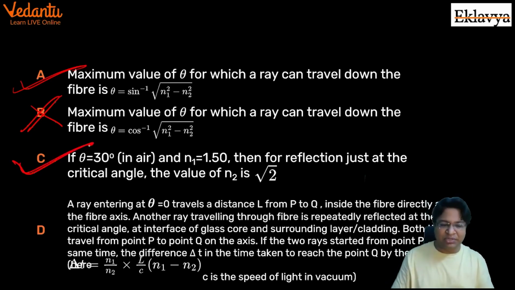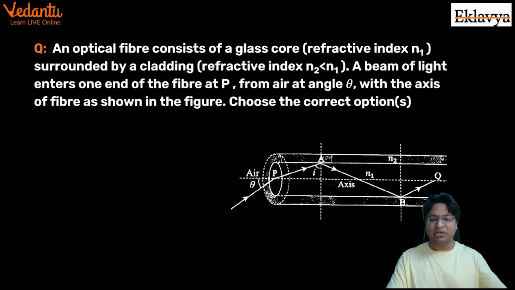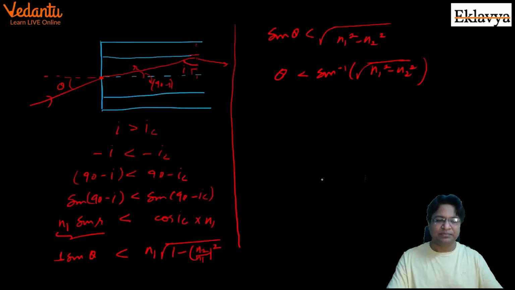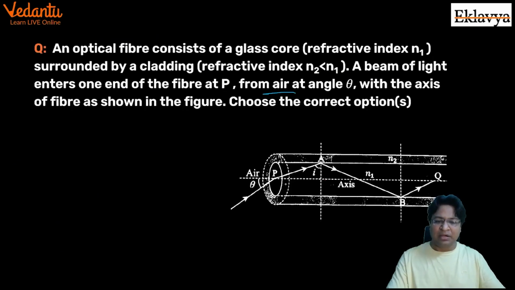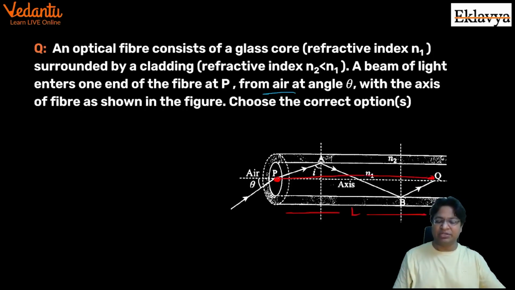Okay, and then option D says that a ray entering at theta equal to 0 travels a distance L from P to Q inside the fiber. So we are discussing the travel of the ray from P to Q, and this length has been given to us as L. Okay, let's try to understand this now.